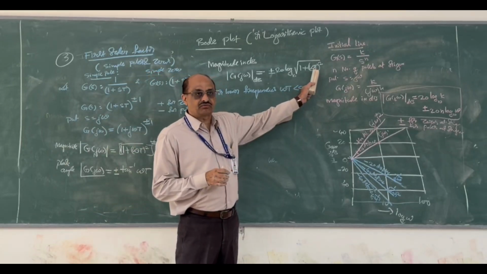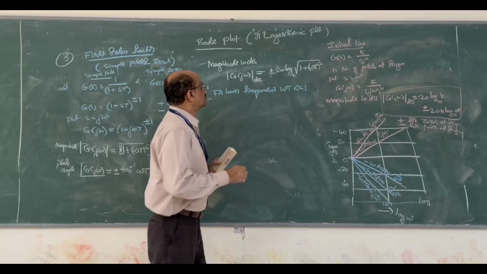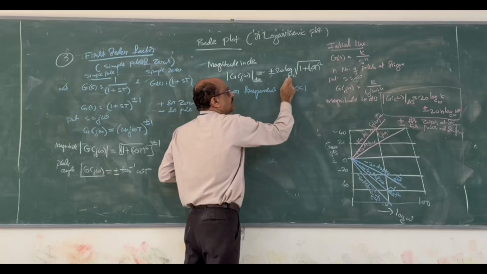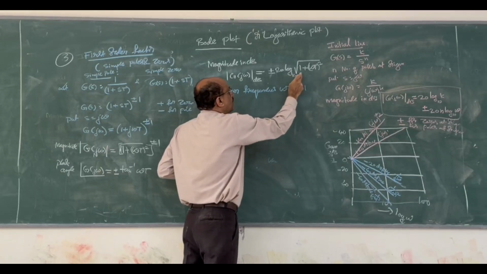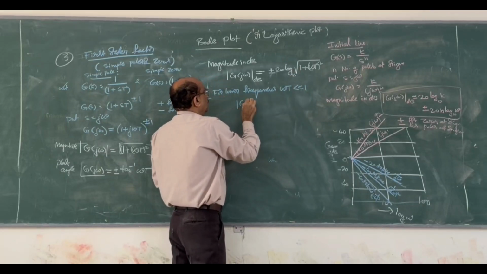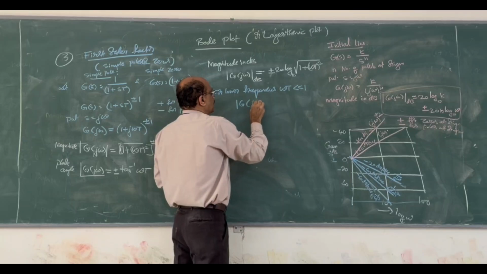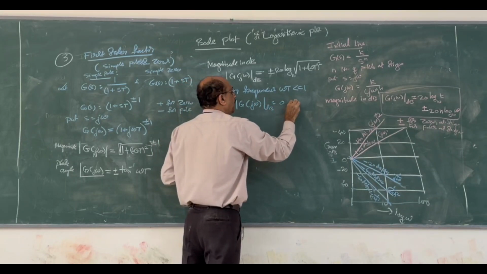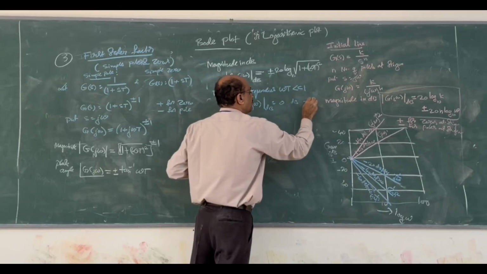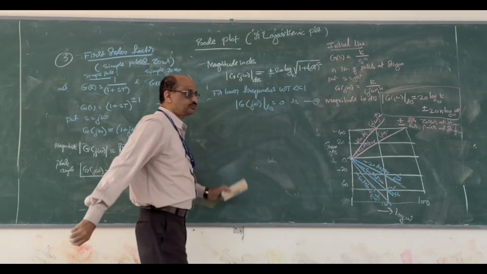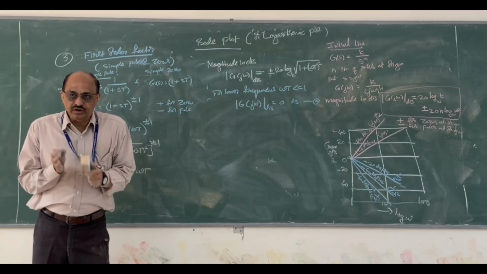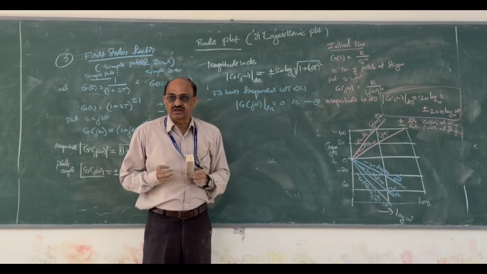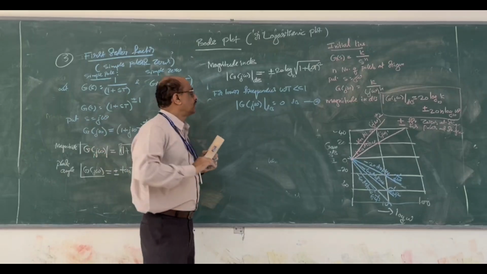Remember that, then this is negligible, this becomes root of 1, and log 1 is 0. So my straight line becomes 0 dB. This is very important. I'll call this A. For lower frequencies, my straight line is simply 0 dB.